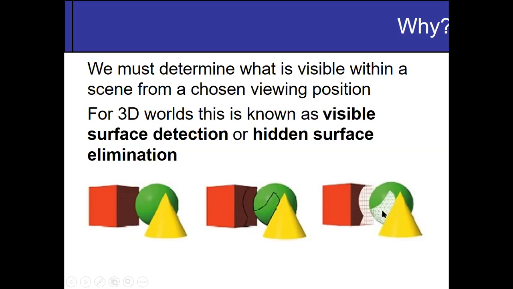Ultimately, you need to remove these portions, or you should not make the user see them. So you need to either detect the visible surface or hide the surfaces which are not visible.